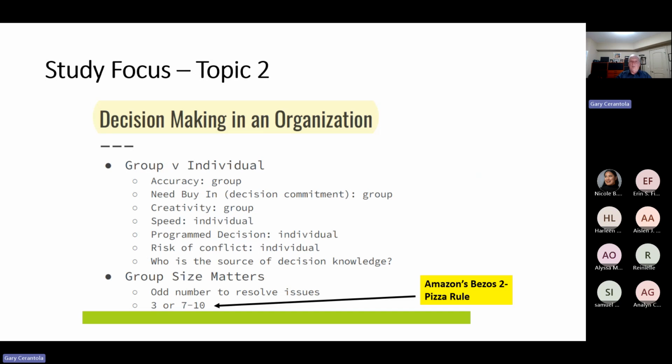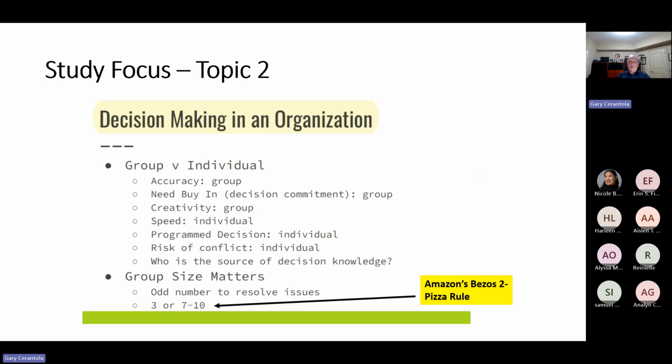And group size matters, right? If you get a group, especially larger than 10 people, you're going to have too many differences in opinion and too many perspectives to really agree on what you can be doing. And just as an aside, for assignment 4, Amazon's Bezos created this 2 pizza rule.